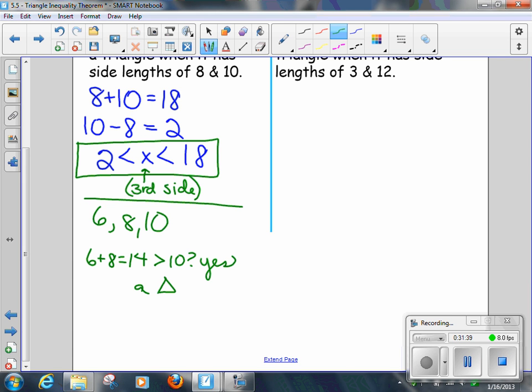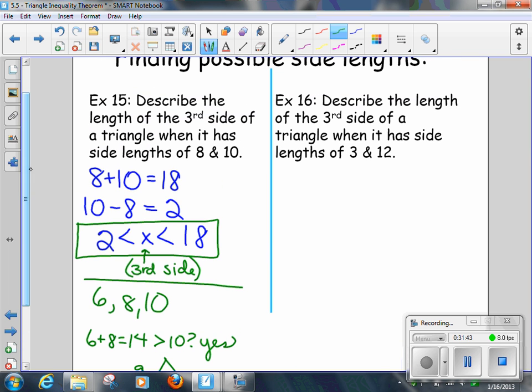Hey, is that difficult? So tell me what I did. You were given two sides, 8 and 10. You add them, then you subtract them, and then you throw them in that inequality statement. Why did I do that?